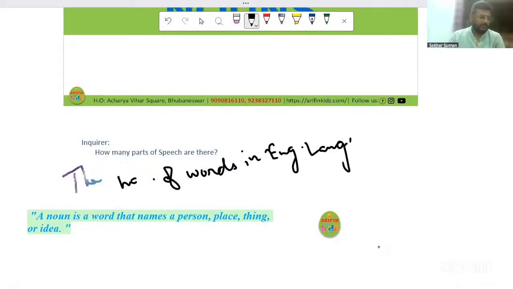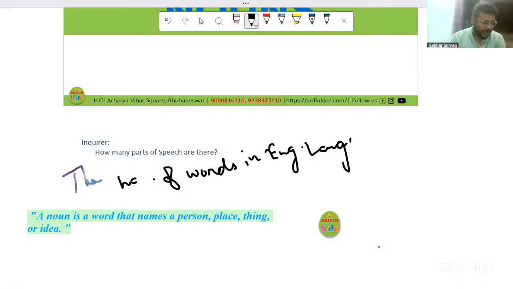So children, first of all, we cannot make out exactly how many words there are in the English language. This is so because English is an evolving language and it keeps on growing every day. Even the thickest dictionary in the world wouldn't have your name, right?